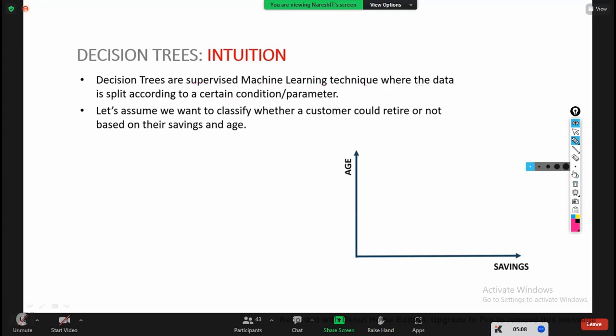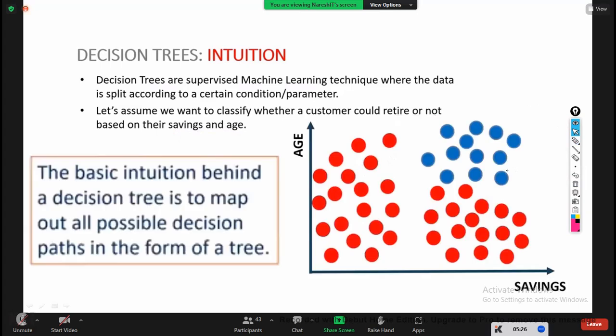Here, let us assume we want to classify whether a customer should retire or not based on his savings and age. So I have two columns: one is savings and the second is age. I'm going to make a scatter plot between them, and this is the scatter plot. In this scatter plot, I have certain red data points and certain blue data points.